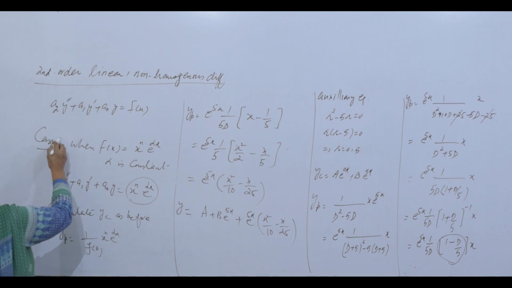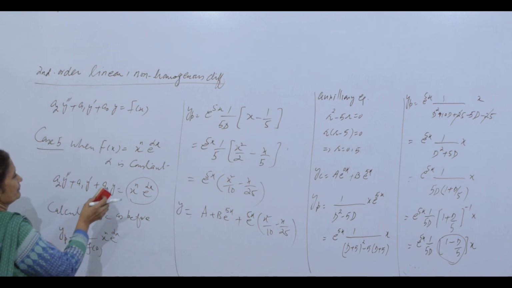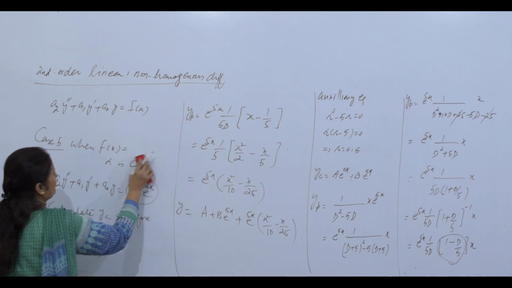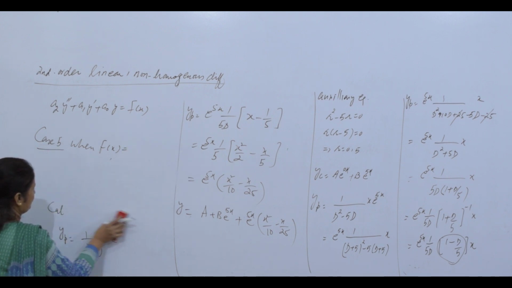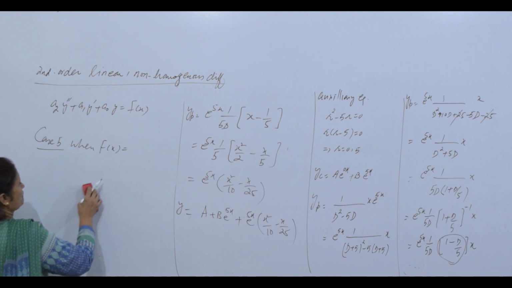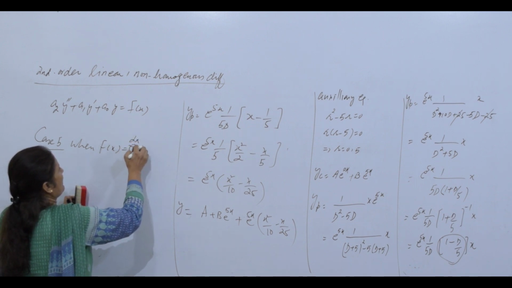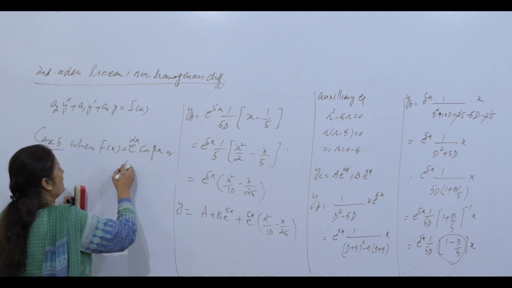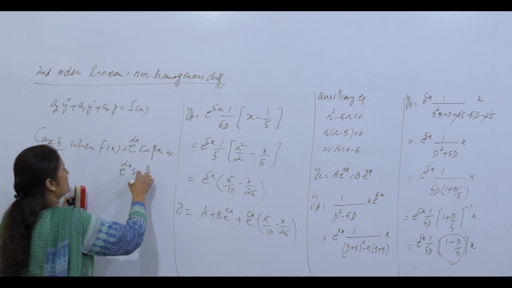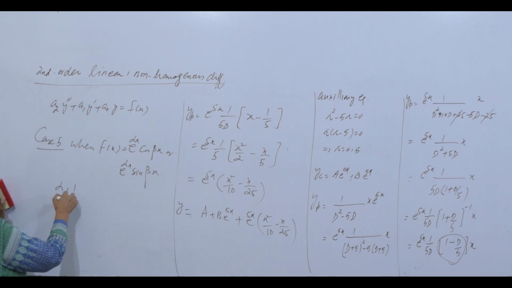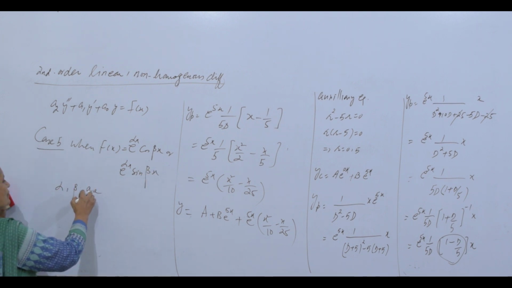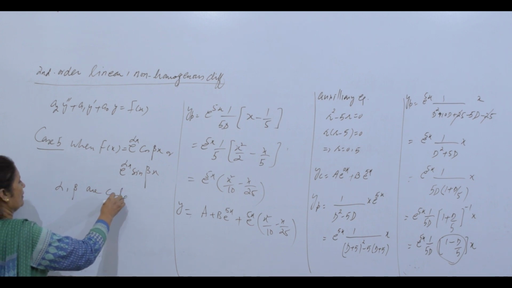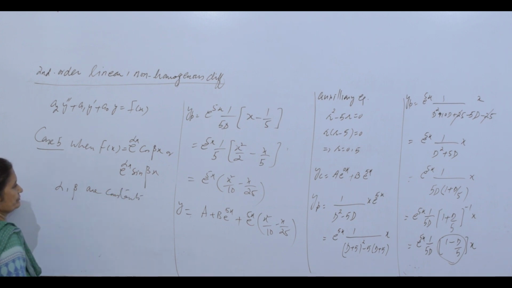Let me have case 5. When f of x is e^(αx) cos βx or e^(αx) sin βx, where α, β are constants.